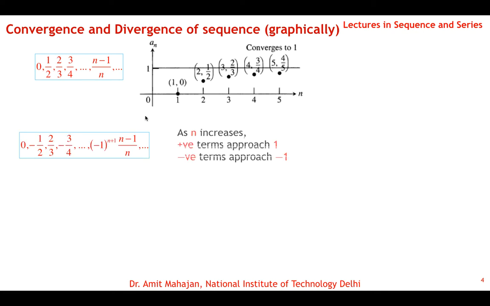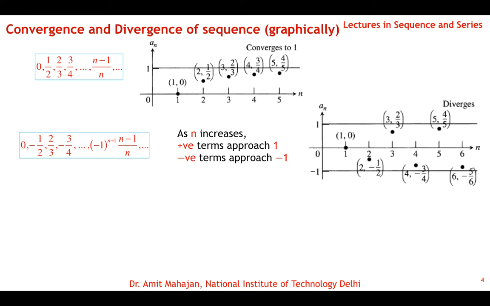Okay, so take another example, say 0, minus half, 2 by 3, minus 3 by 4, and so on. Okay, so as n increases, the positive terms are trying to approach plus 1, and the negative terms are trying to approach minus 1.